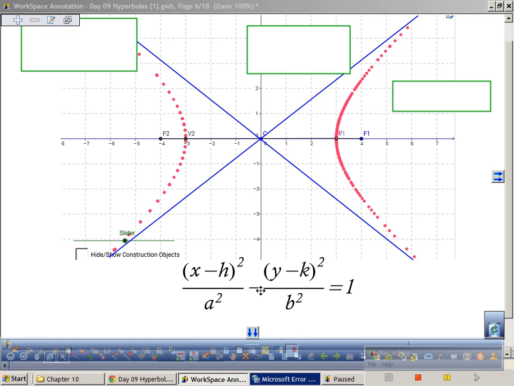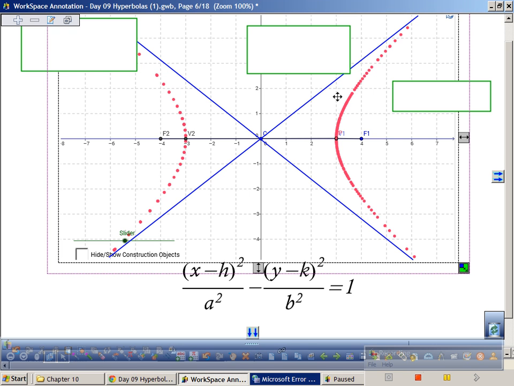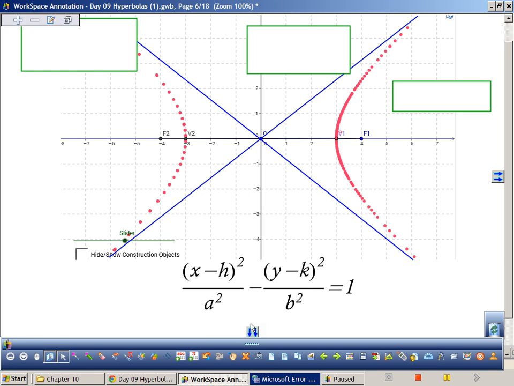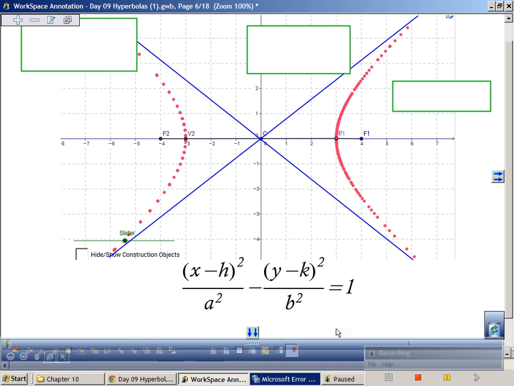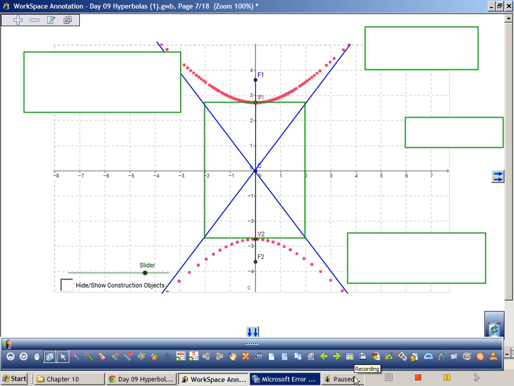It's got a subtraction sign instead of an addition sign, which is kind of cool because if you were to take these two branches and put them towards each other, what do you think they would do? Not a circle. It would look elliptical, right? Okay. So it looks just like an ellipse, only it has a subtraction sign. I think I just want to keep going.